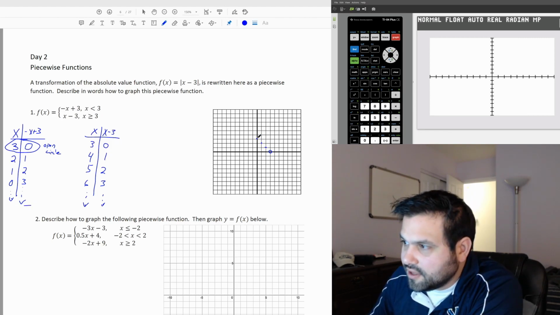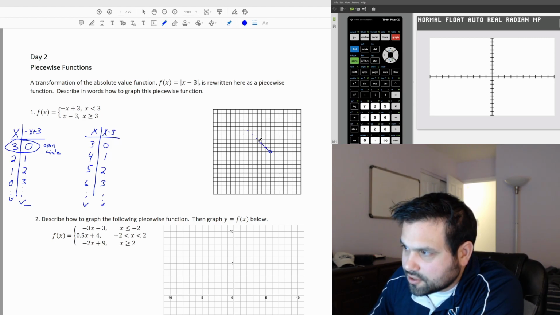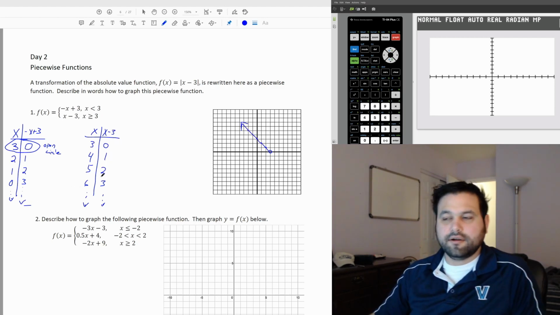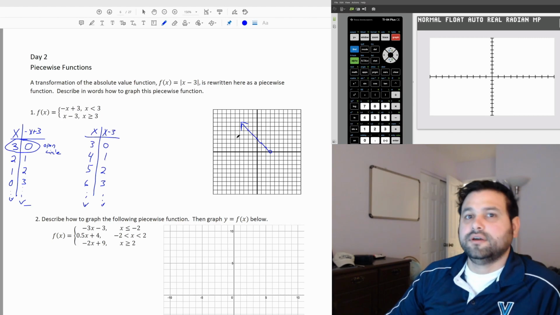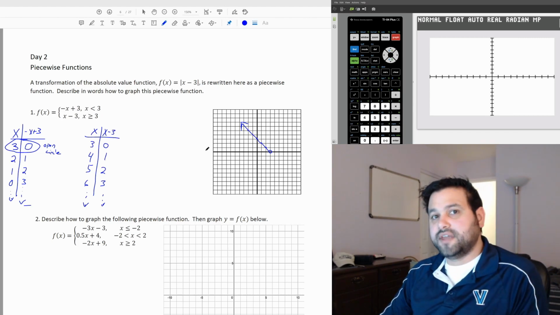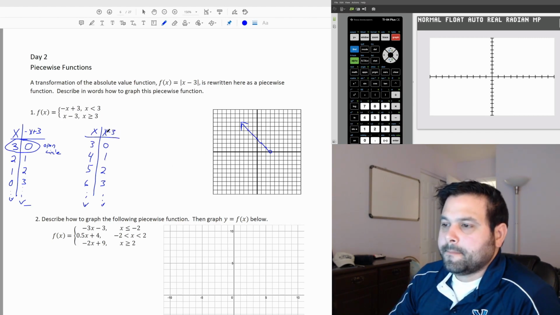In this pattern, I can just continue that pattern, or I can just do this and show that it goes on forever. So that's why I put an arrow there, to show that in that direction it goes on forever, and I put the arrow because I have to remember to put the arrow there.